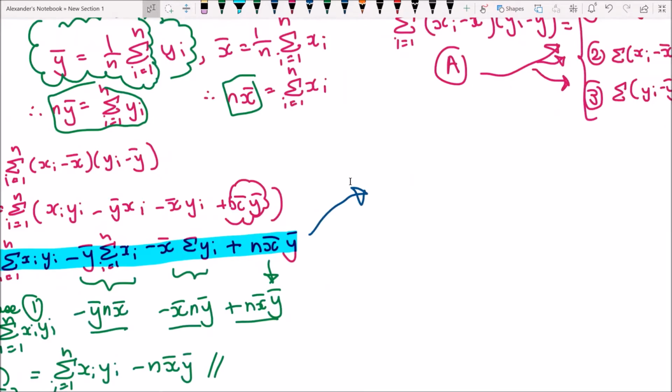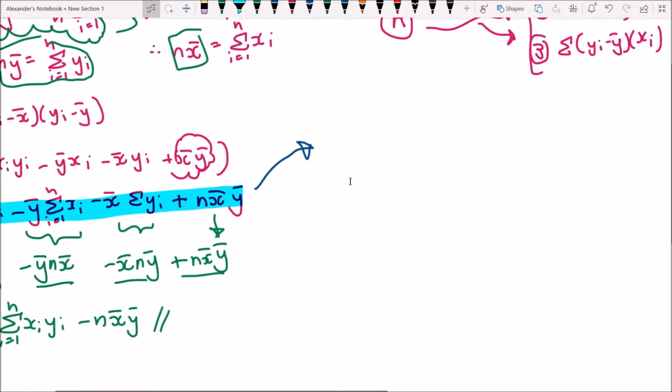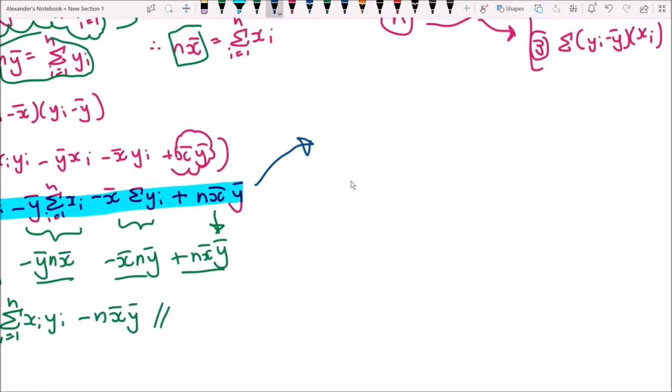So how we end up achieving that is we take the summation of xi yi, negative y bar times the summation of xi, negative x bar times the summation of yi, plus n x bar y bar.